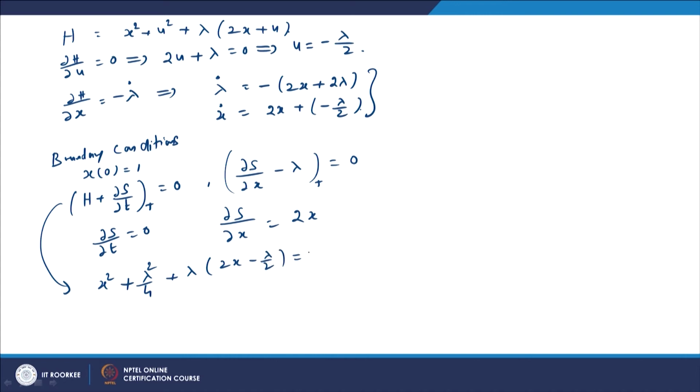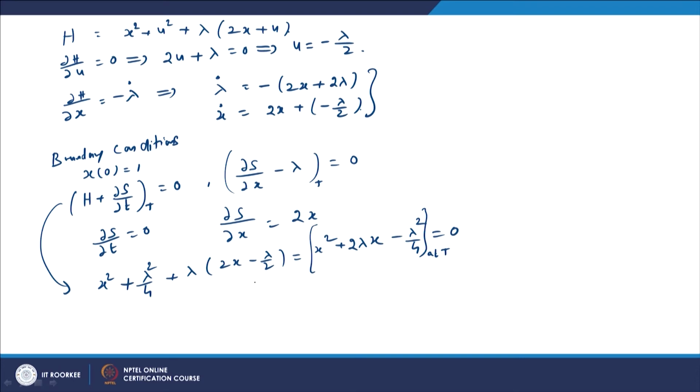That is x square plus 2 lambda x, and here lambda square by 4 and lambda square by 2, so we get minus lambda square by 4, and that is equal to 0. This is at capital T, wherever the small t should be replaced by capital T. So this gives the coupled equations with these boundary conditions.